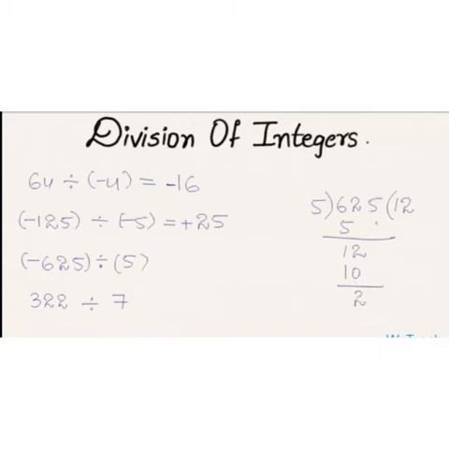Bringing down the next digit 5, we get 25, and again 5 5 times is 25. So 25 minus 25 is 0. So we get the result as 125. And here the signs are opposite, so we get the result as minus 125.